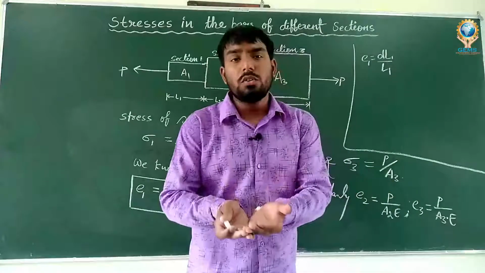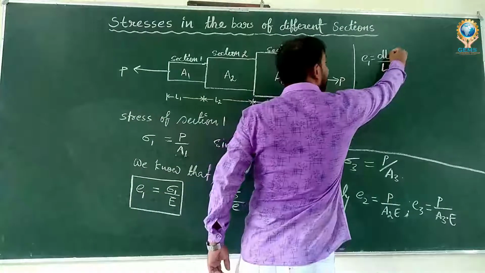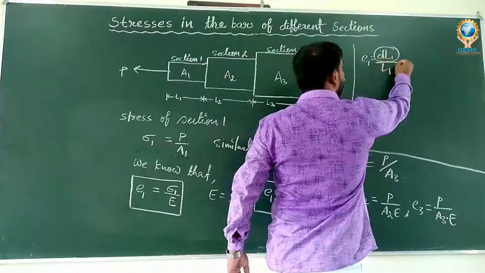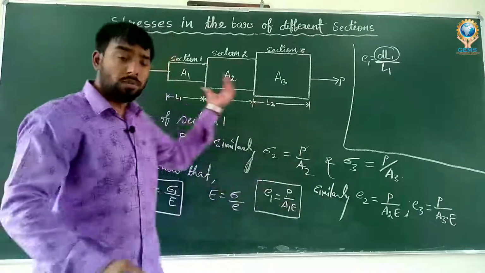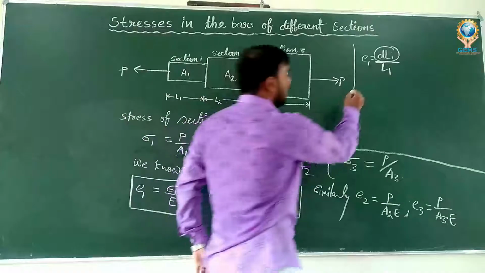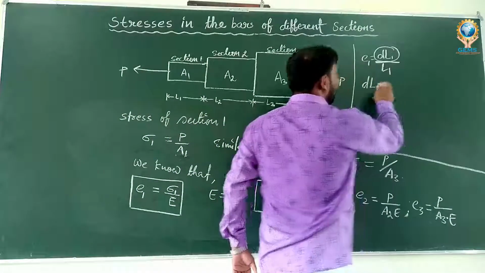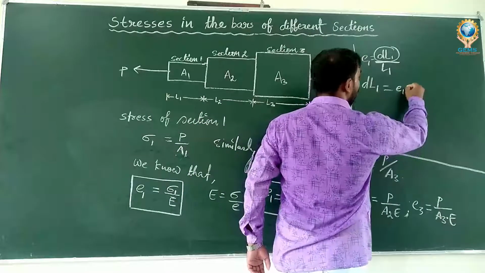Now we have to find the change in length, which is also known as the extension of the bar of section 1. So dL1 will be equal to E1 into L1.